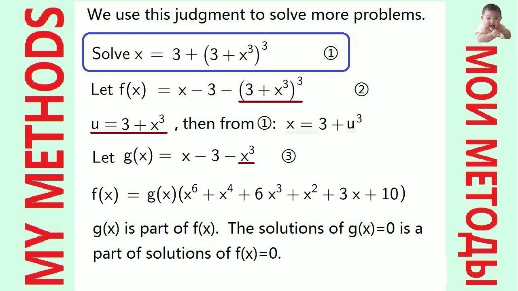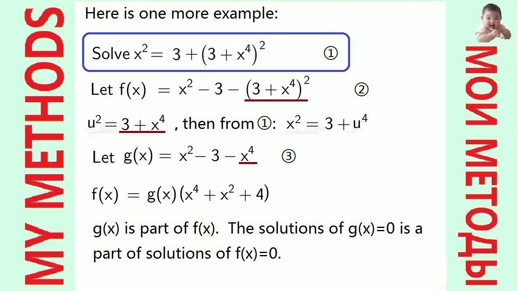Okay. Next, this time we suppose the equation is this. So just move the right side to the left side. We have f(x) equals x squared minus 3 minus this part, and this time we use u squared equal to this one.